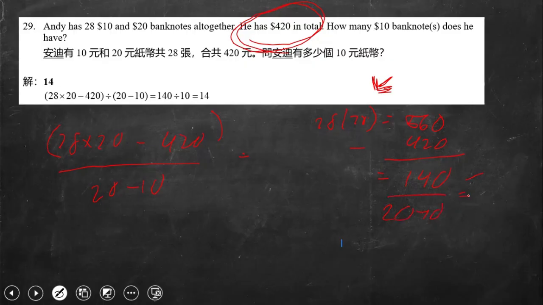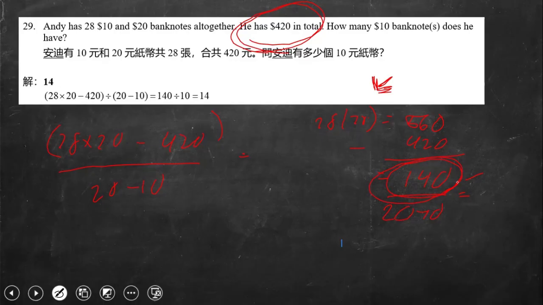That means that if we replace a $20 banknote by a $10 banknote, it's going to have a $10 gap. So by how much gap do we need so that the difference here is going to be removed?